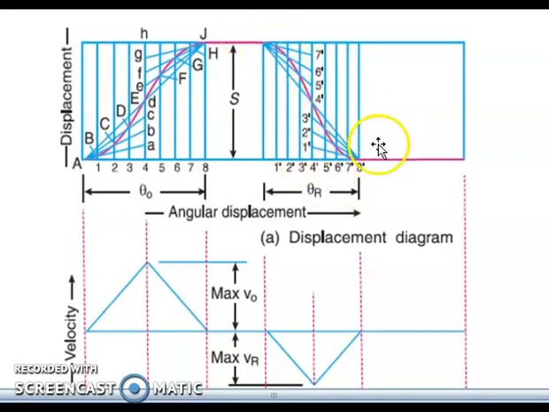The thing is, for the return stroke, you have to take the corners from the topmost corner to the bottommost corner, whereas for the rise we took from the bottommost corner to the topmost. So similarly divide it into 8 equal parts.